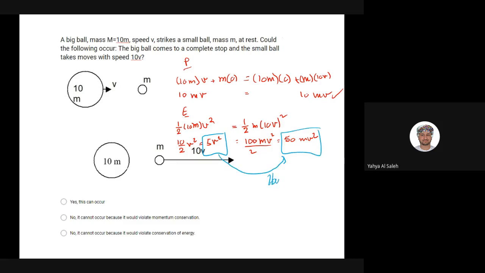They are not equal. Not only are they not equal, the energy seems to have suddenly increased. Now, if we had started with 50 and ended up with 5 mv squared, we would say okay, friction, we lost energy, no problem, inelastic collision. Sound, when they hit each other, we lost energy due to sound.